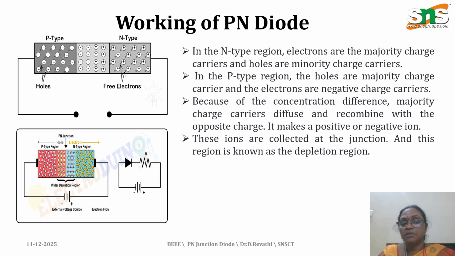If you apply more voltage, for silicon the barrier potential more than 0.7 volt only, it can start to conduct. And for germanium, 0.3 volt. Only when we apply an external bias voltage beyond this will the barrier potential be broken, and the electron flow from P to N or N to P based on the biasing. So only when we apply more than 0.7 volt will the depletion region be broken and the current flow take place.